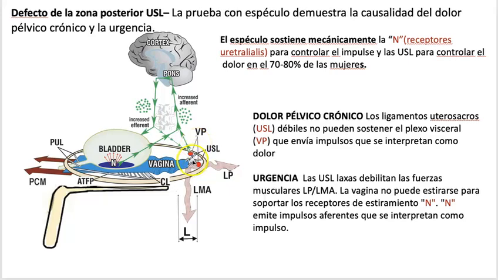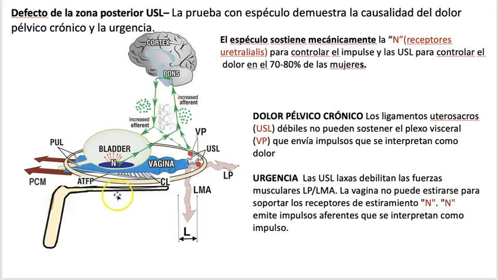They are supported by the uterosacral ligament 2 centimeters before the USLs attach to the cervix. If the USLs are loose, these can fire off impulses to the brain, and they are perceived as pelvic pain from the end organ.